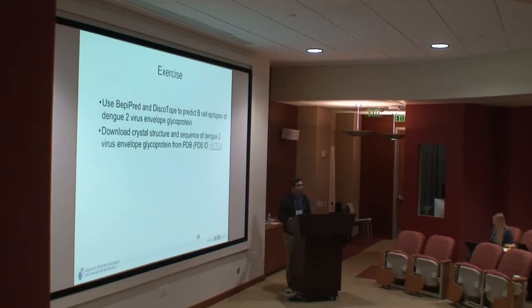With that, we'll do a quick exercise if you want to follow along. This is pretty quick. I've given a link to a dengue 2 virus envelope glycoprotein. This is the PDB ID. You can click on it to go to the PDB website, get the sequences, and use Epipred and Epitope to predict B-cell epitopes.